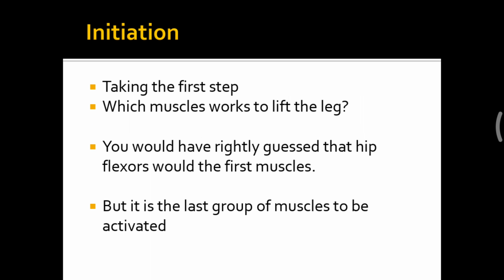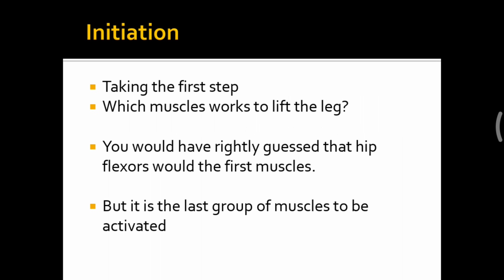And now, we said that we'll be looking into initiation of gait during this part. I had promised you previously. So the postural control system comes into activation even before walking starts. Whenever we get up from a chair or from some place, we then stand and then we start taking our first step.